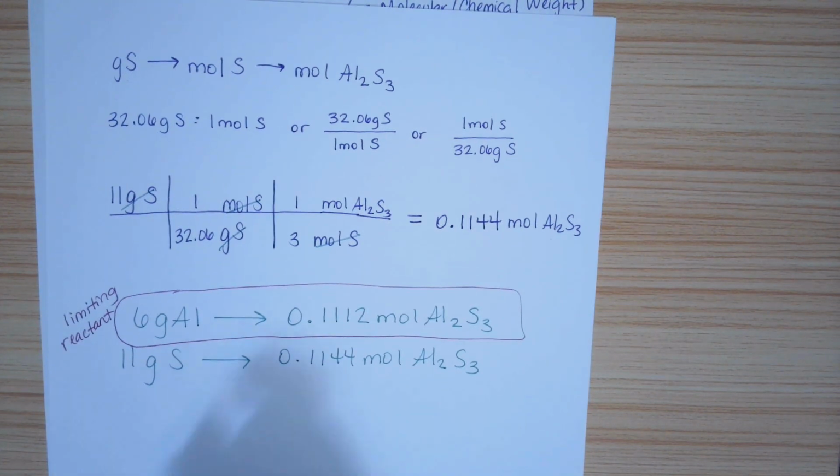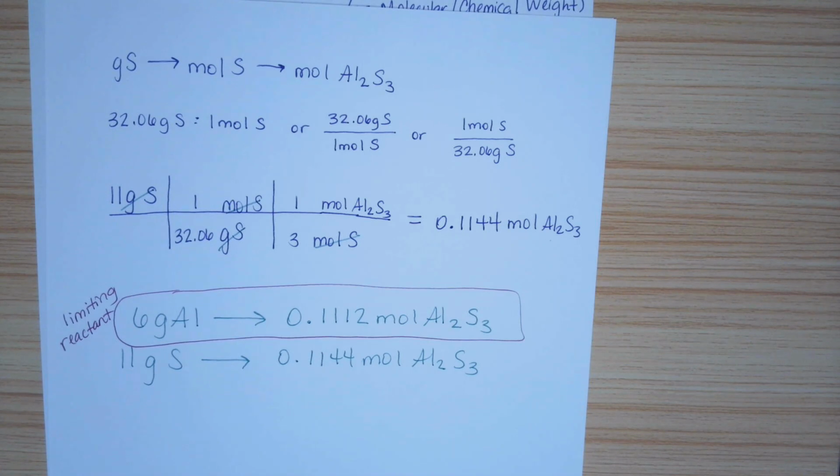Just because we had 6 grams of aluminum versus 11 grams of sulfur, that's not what determined which one was the limiting reactant. The limiting reactant was determined based on which would form less of your product.